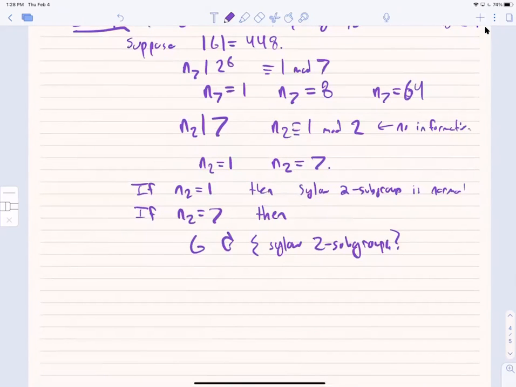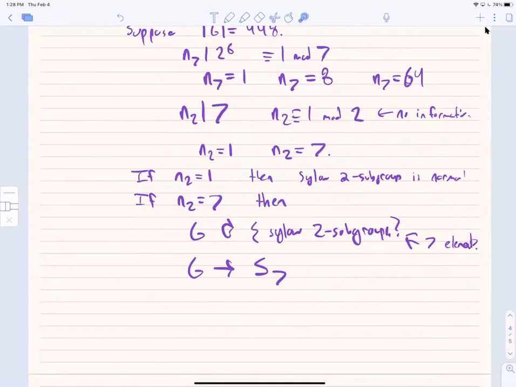That means we get a map from G to S7, since the size of the set is 7 elements.